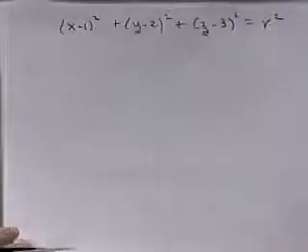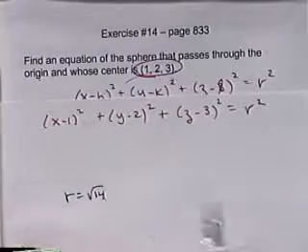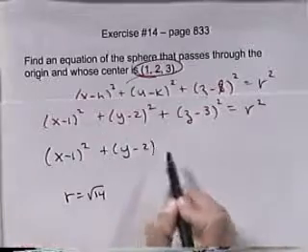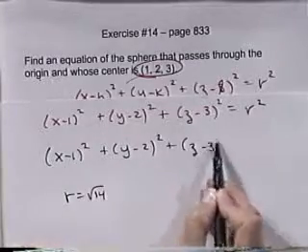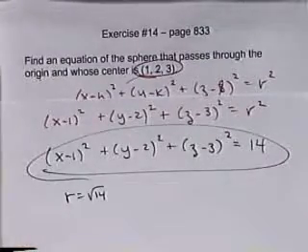So coming back here, my radius was square root of 14. So my equation is (x minus 1) squared plus (y minus 2) squared plus (z minus 3) squared equals the square root of 14 squared, 14. And there's my equation.